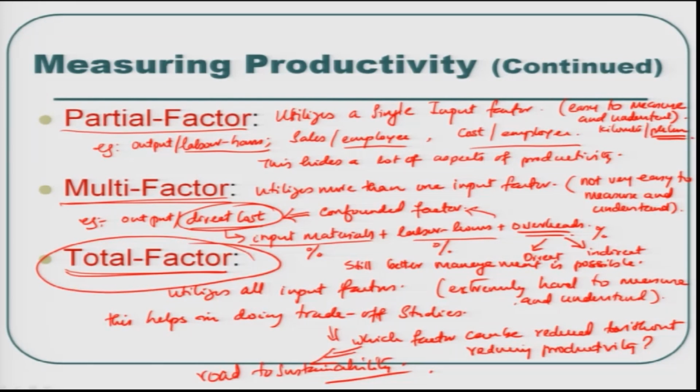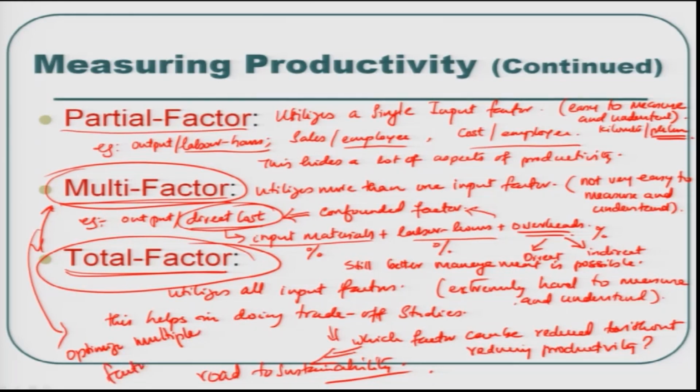We are looking more towards total factor productivity. If this is not possible, obviously then we might look into multi-factor productivity, but definitely not partial factor or a single factor productivity. So these are the two aspects that we look into in the class: to optimize multiple factors in order to reach sustainability. That is the aim in the following lectures, to demonstrate to you how that is done.